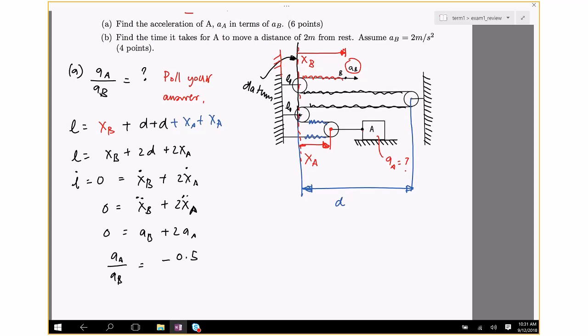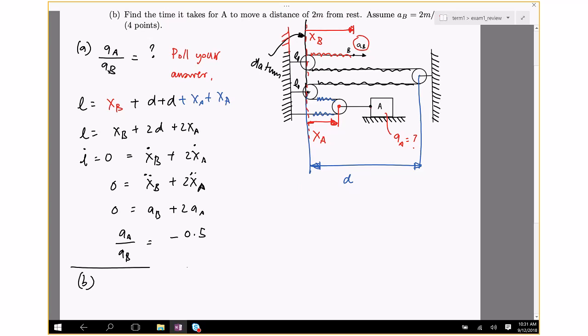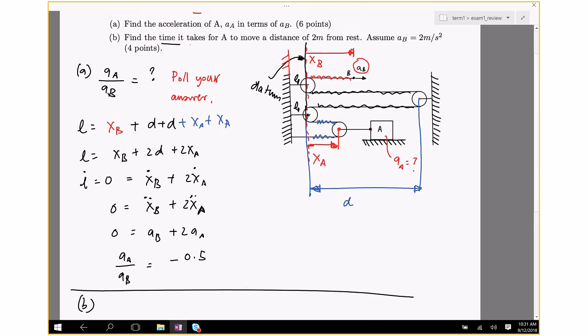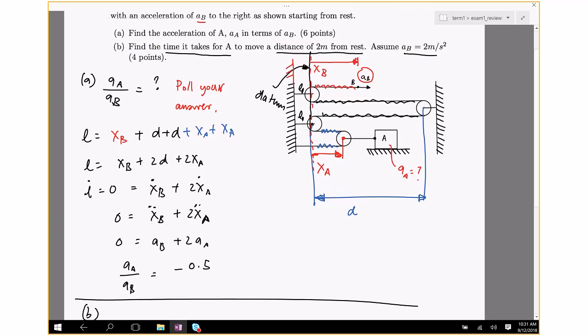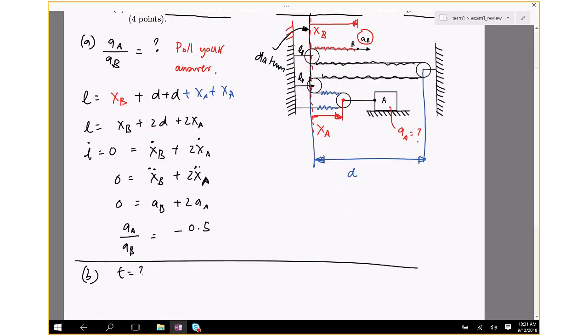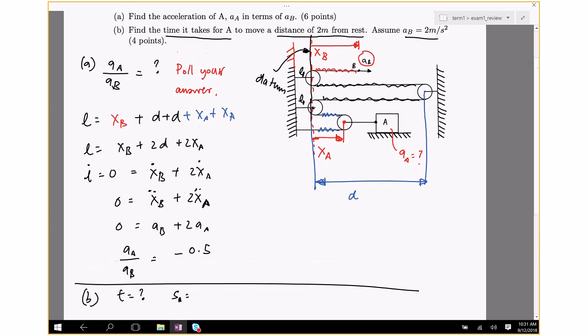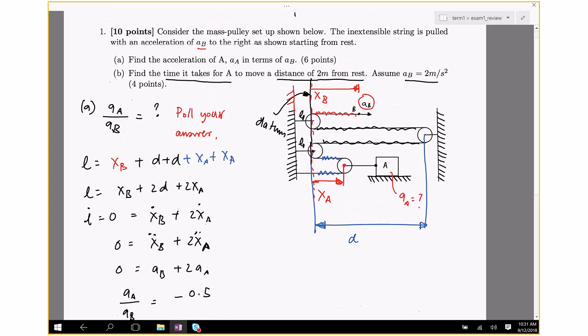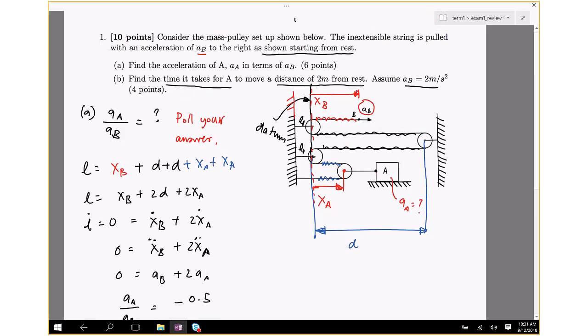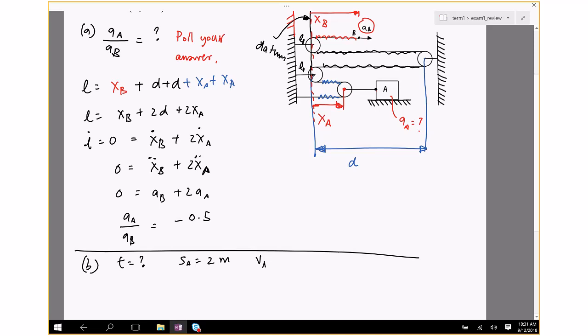Okay, so let's solve the next part. Find the time it takes for A to move a distance of 2 meters from rest. Assume AB equals 2 meters per second squared. So SA is 2 meters. And I think we are also given the system starts from rest, so the velocity of A initial is 0.